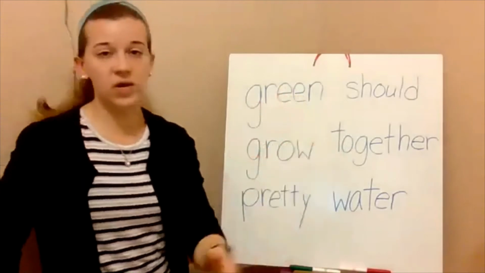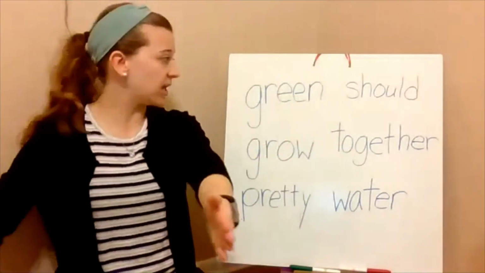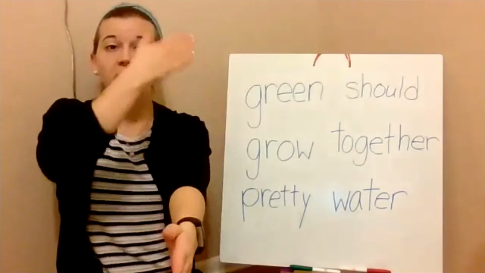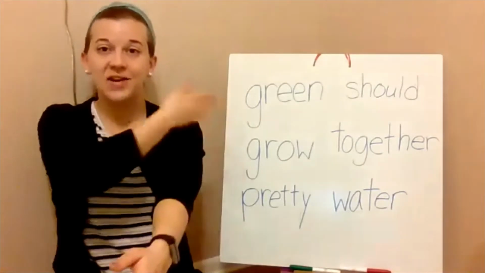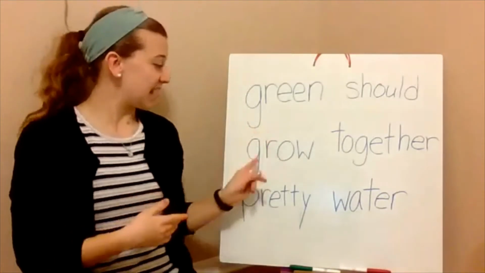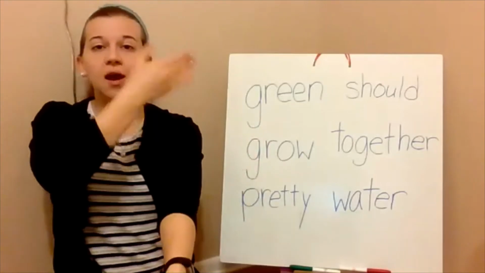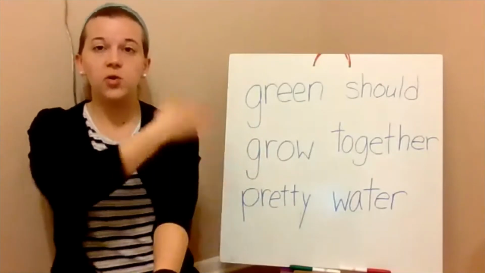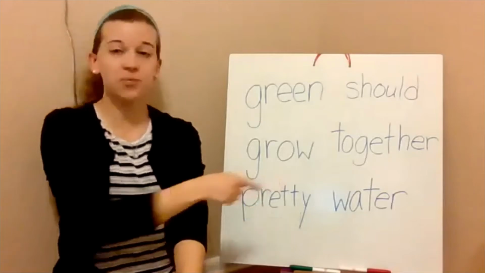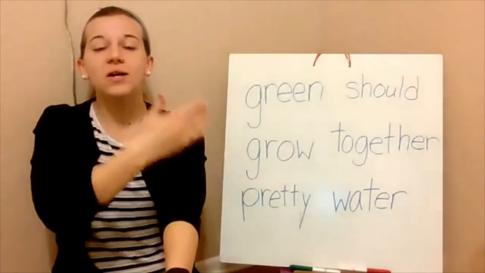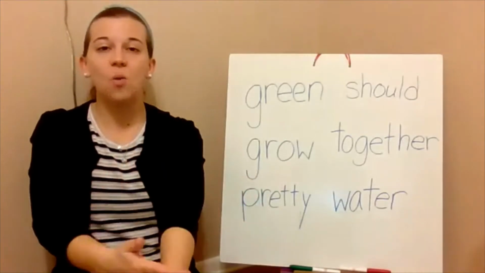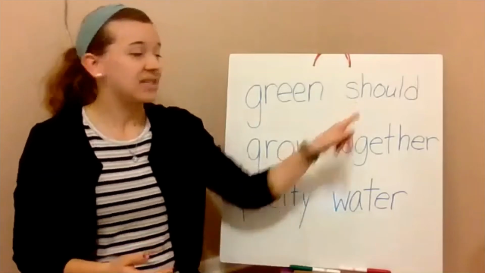Okay, so let's start with green. Ready? So it would go like this. G-R-E-E-N, green. Good. Next up, grow. G-R-O-W, grow. Next up, pretty. P-R-E-T-T-Y, pretty. Next up is should.